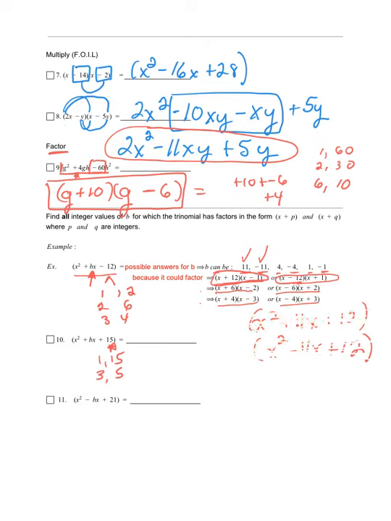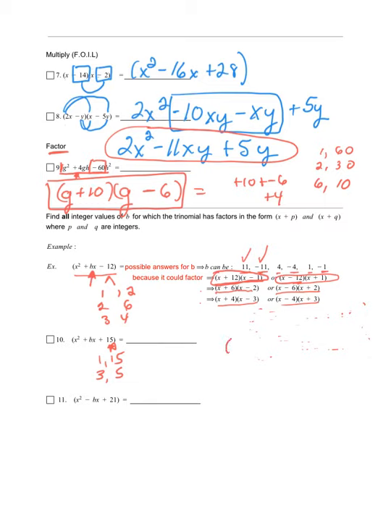I need a little more room here. All right, so start thinking. If I have the factors 1 and 15 and 3 and 5, how can I arrange them? Then FOIL back to find my answer.